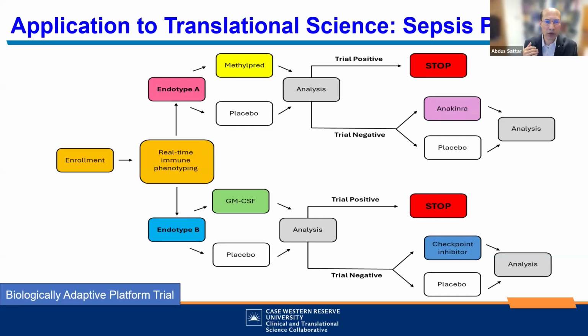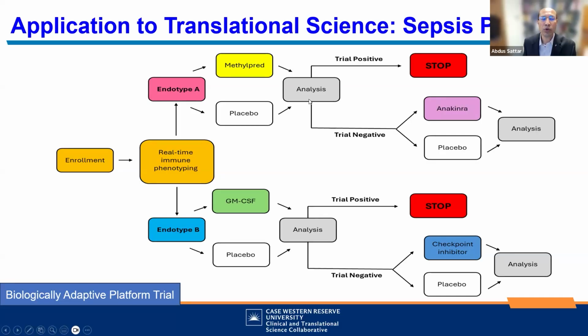Depending on their endotype, we will be assigning patients. Those who are hyperinflammatory will receive either, say, corticosteroid or placebo at the beginning.